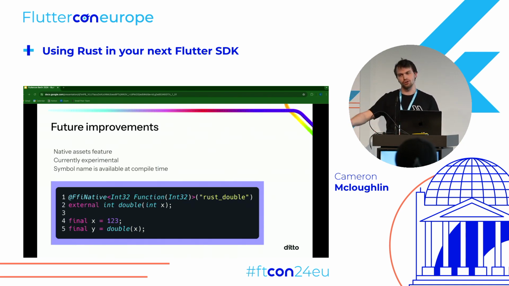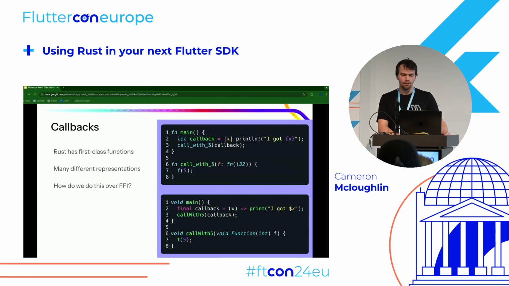So if we have a customer of our SDK who's only using 2 functions, that information can go through the linker, it understands that most of that 30 megabytes is unneeded, and it can get rid of a lot of it. It isn't usable yet, but we're hoping. So that's how we call Rust from Dart.